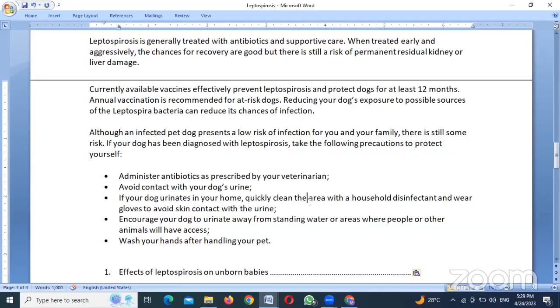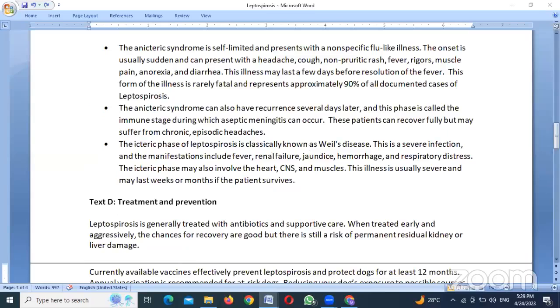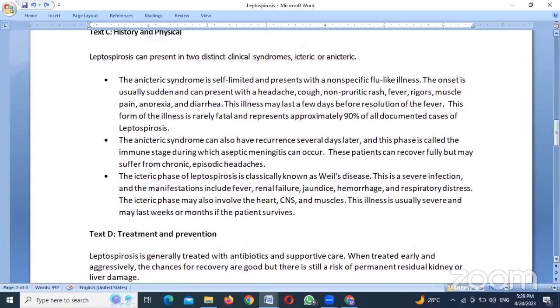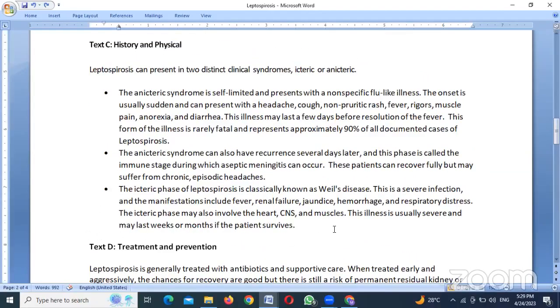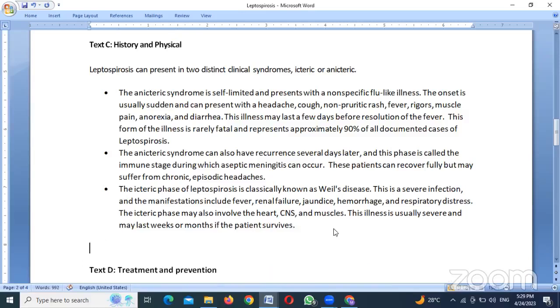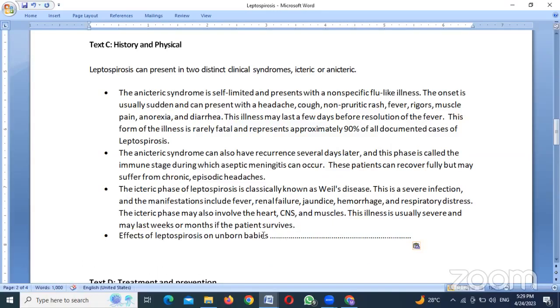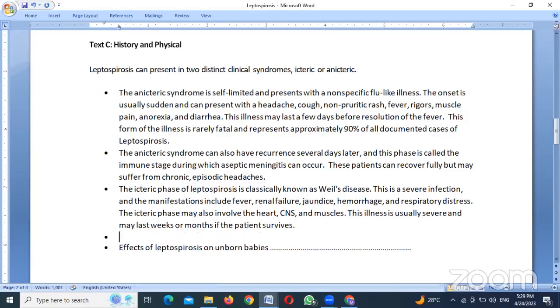Okay, so option D has gone. So now where should we go? Some people are saying C. Okay, so Dr. Aftab, you will continue helping us. So try to find the answer in text C, please. Yes, sir. I will try.